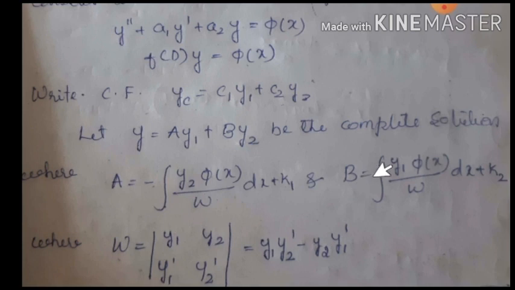Similarly, B is defined as the integral of y1 into phi of x, the right hand side of the given differential equation, divided by W. All are functions of x, so we integrate with respect to x, plus a constant of integration.